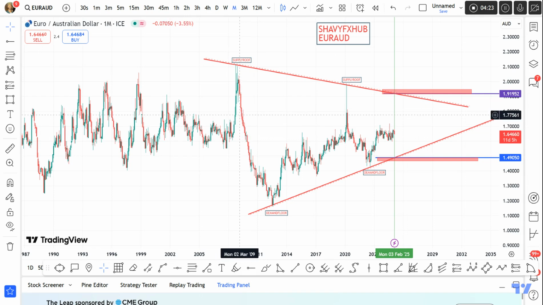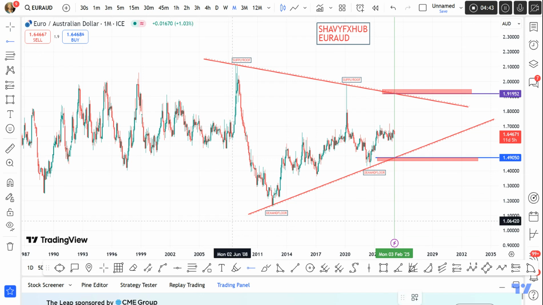In 2006, we had a significant swing in price. But if we are judging our price action from 2008 to date, we can come to the conclusion that Euro AUD is bearish, maybe slightly neutral. But if I want to tell you, the price action is saying bearish.